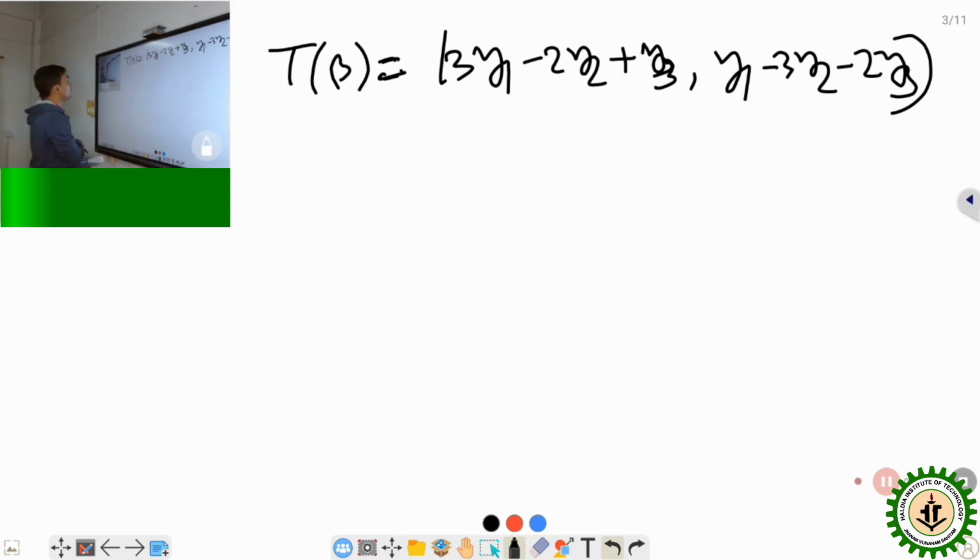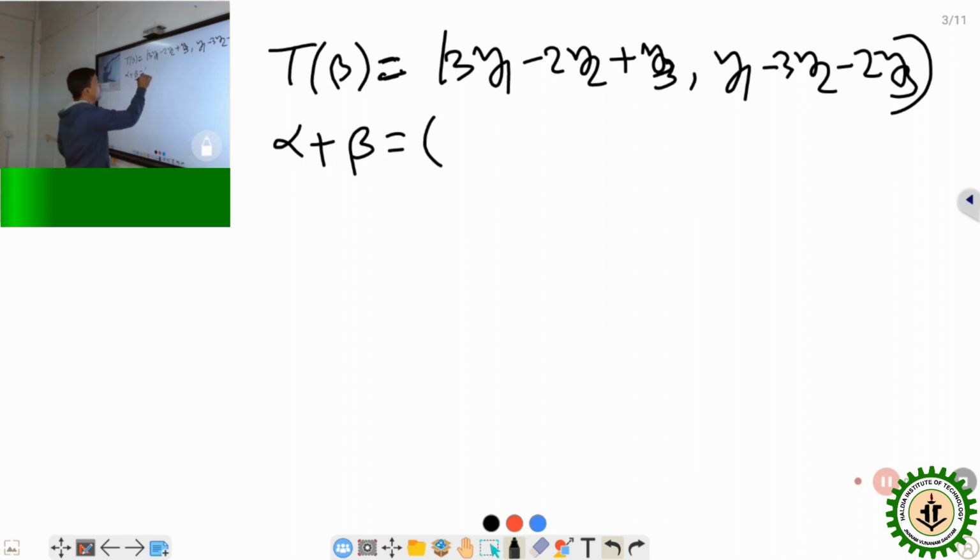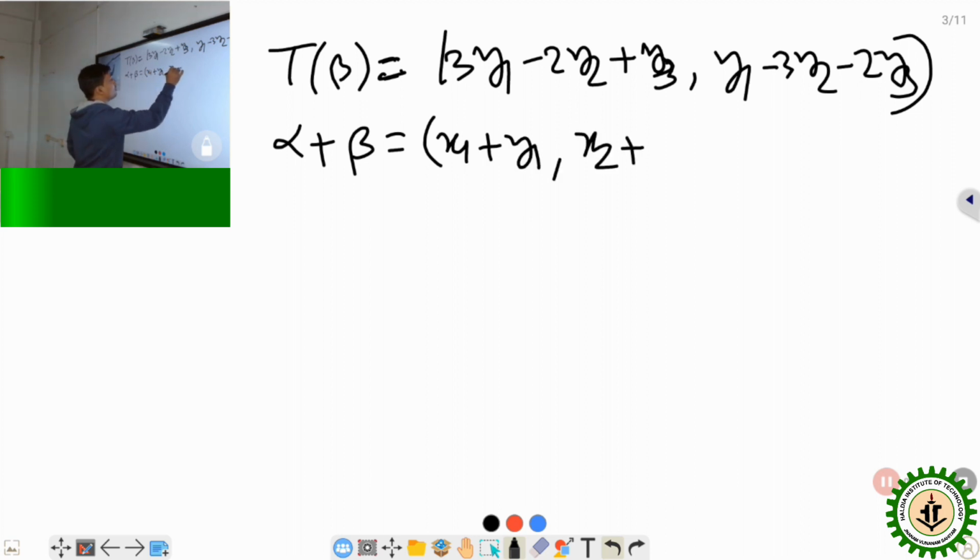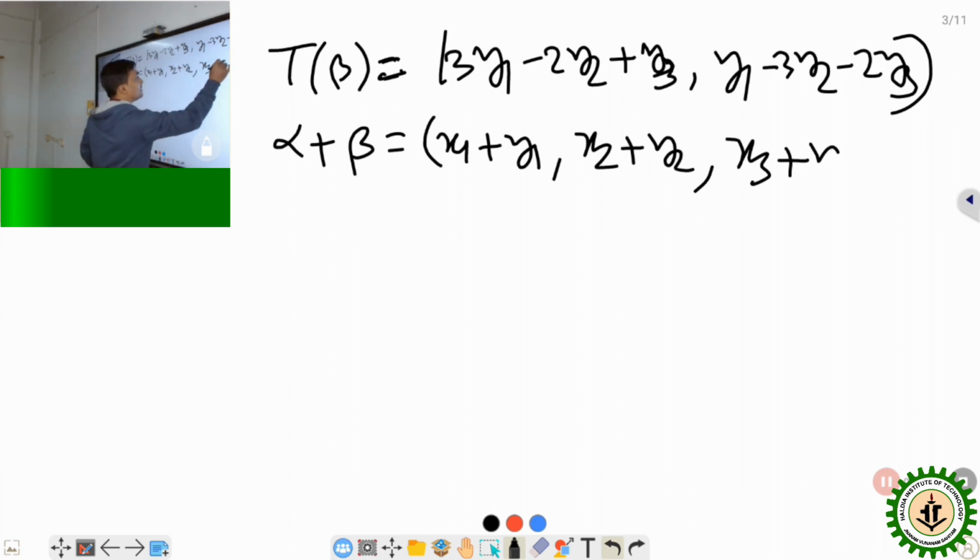Now we'll compute alpha plus beta, which is equal to (x1 plus y1, x2 plus y2, x3 plus y3).